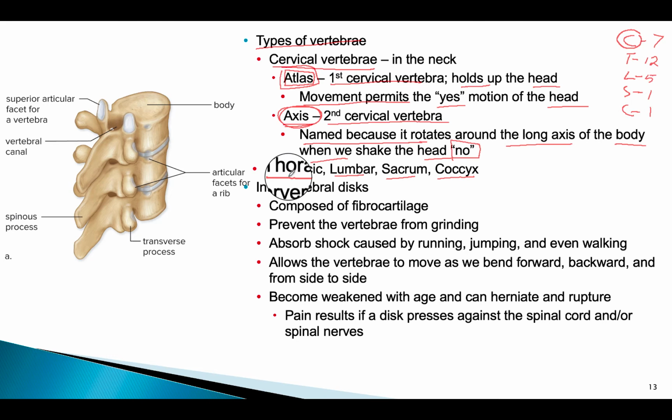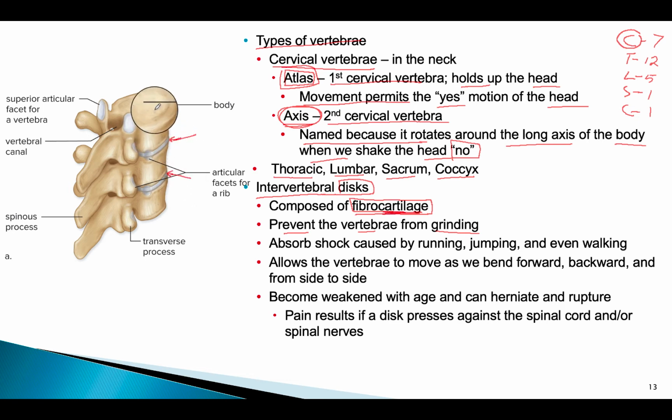In between the vertebrae, we have what we call the intervertebral discs. This is a type of fibrocartilage. Do you still remember when we were talking about the different types of cartilage? Our intervertebral discs are composed of fibrocartilage, and they prevent the vertebrae from grinding. Looking at this figure, these are the intervertebral discs, inserted in between the vertebrae.